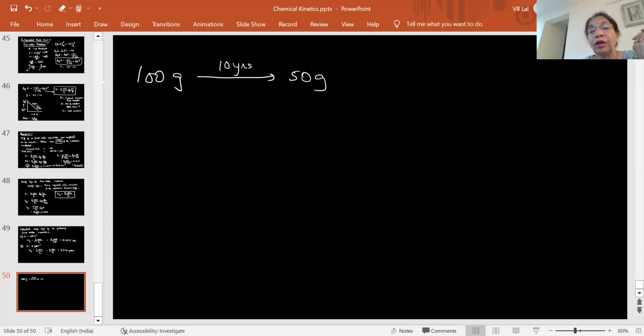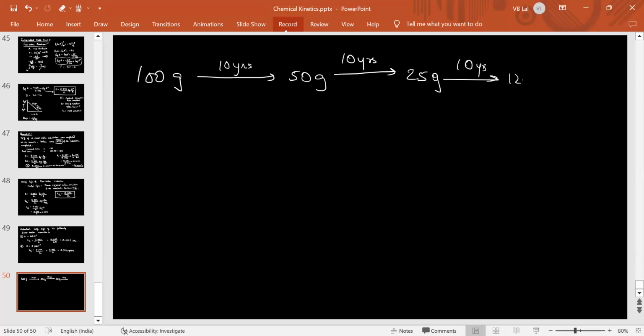It will be 50 grams. Then after another 10 years, how much will remain? 50% of this. It doesn't matter how much it was there initially. Again, this will become the starting point. So how many? 25 grams. And then after another 10 years, 12.5 grams will remain.